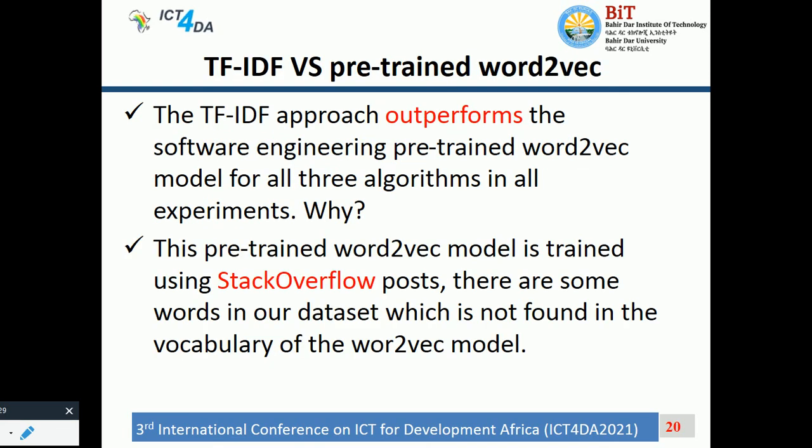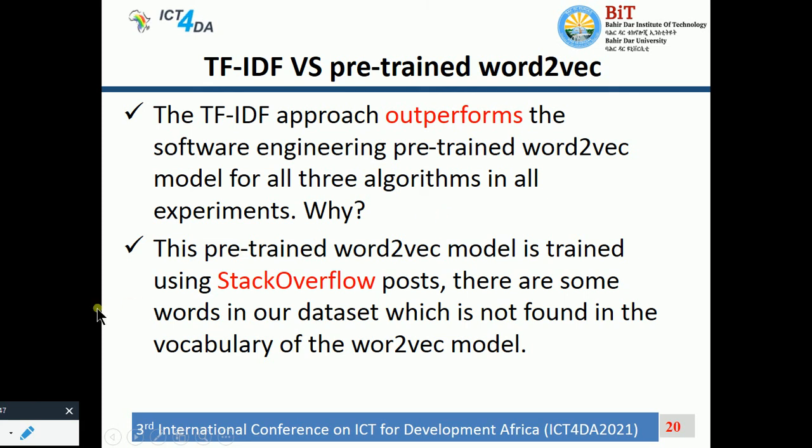Looking at feature selection, our technique is TF-IDF, and we also used the software engineering pre-trained Word2Vec model. TF-IDF outperformed the pre-trained Word2Vec model in all experiments.